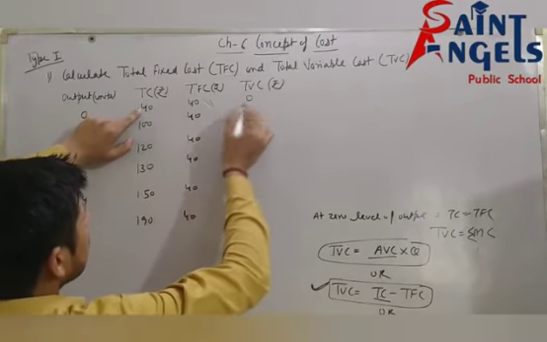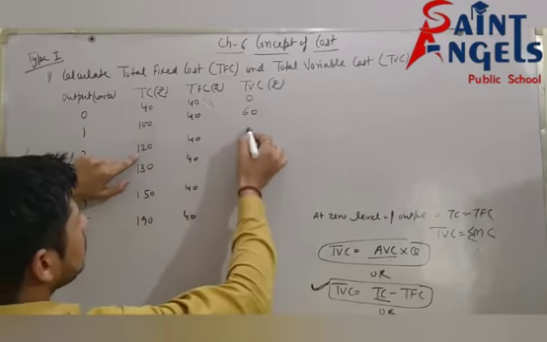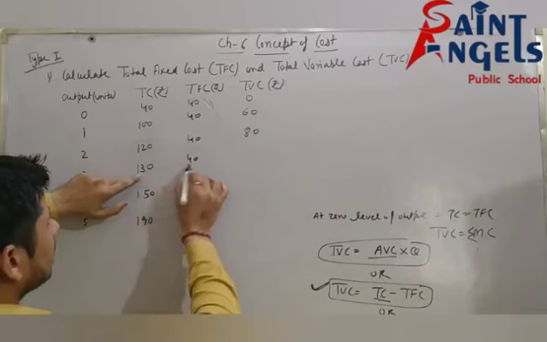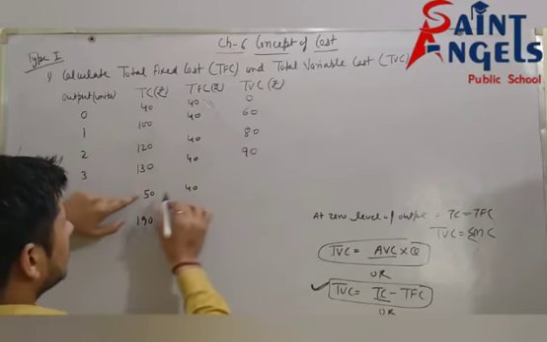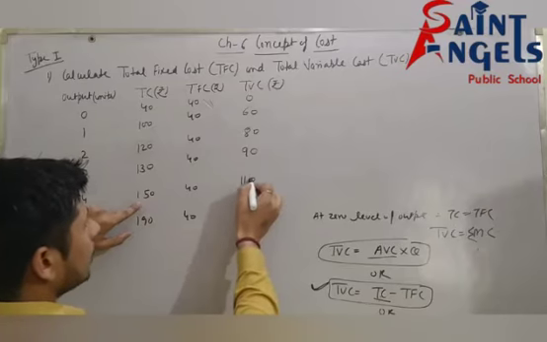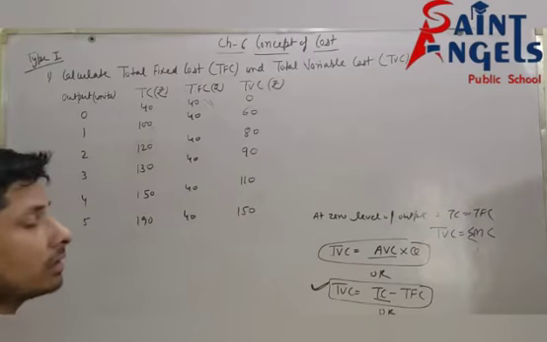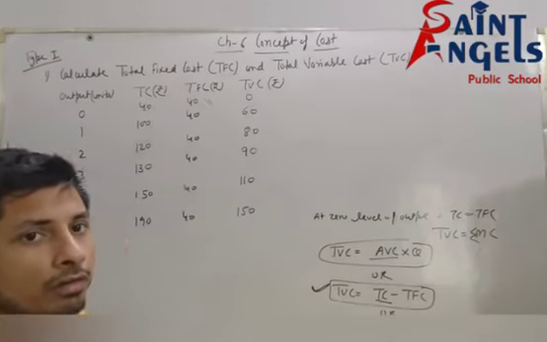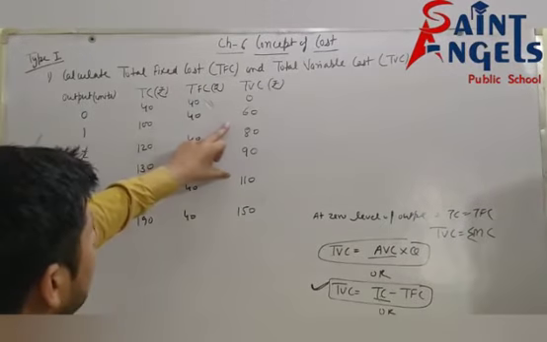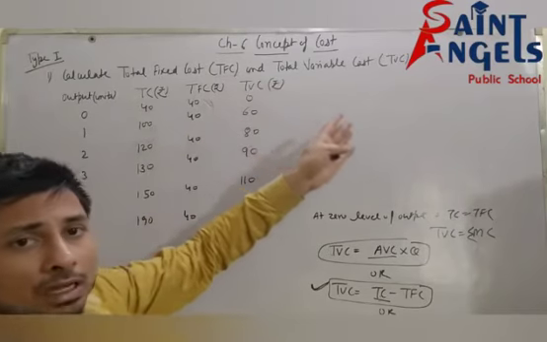TC minus TFC means 0, 60, 80, 90, 110, 150. So I hope all of you have understood how you will solve numerical questions of this chapter.